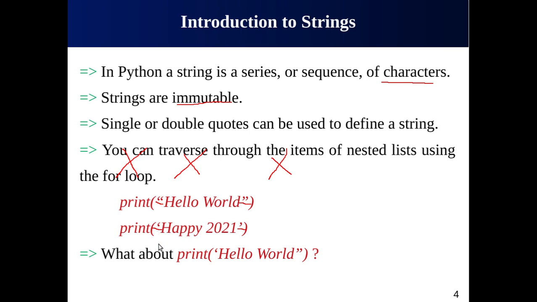However, the single quote approach is actually the more Pythonic approach or more conventional approach. Most Python programmers are used to the single quote rather than using the double quote. But you can use either single quote or double quote.